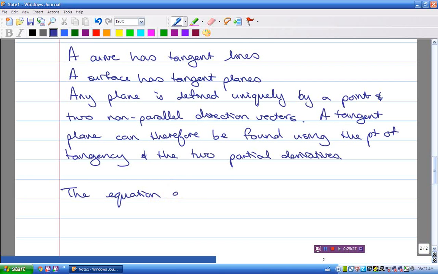The equation of the tangent plane at some point x naught, y naught, z naught is this thing here.